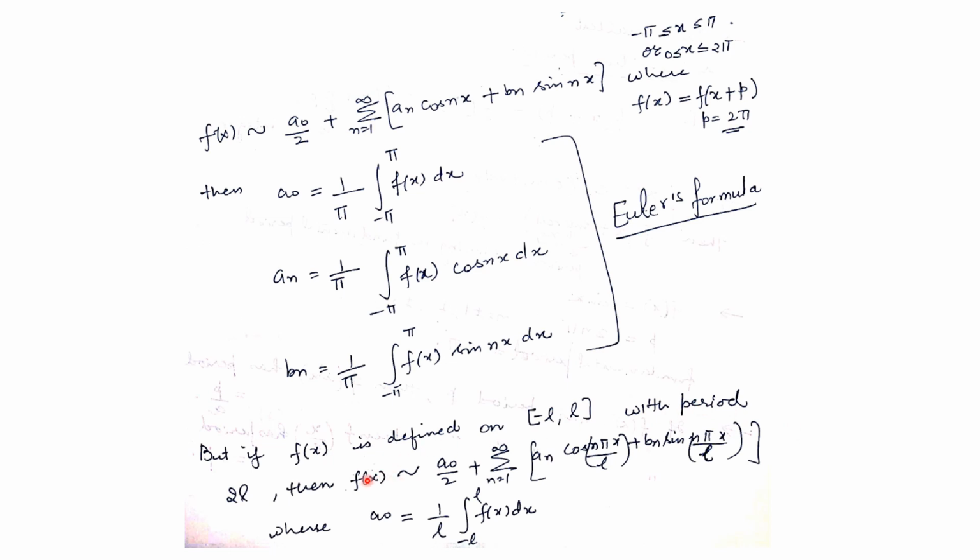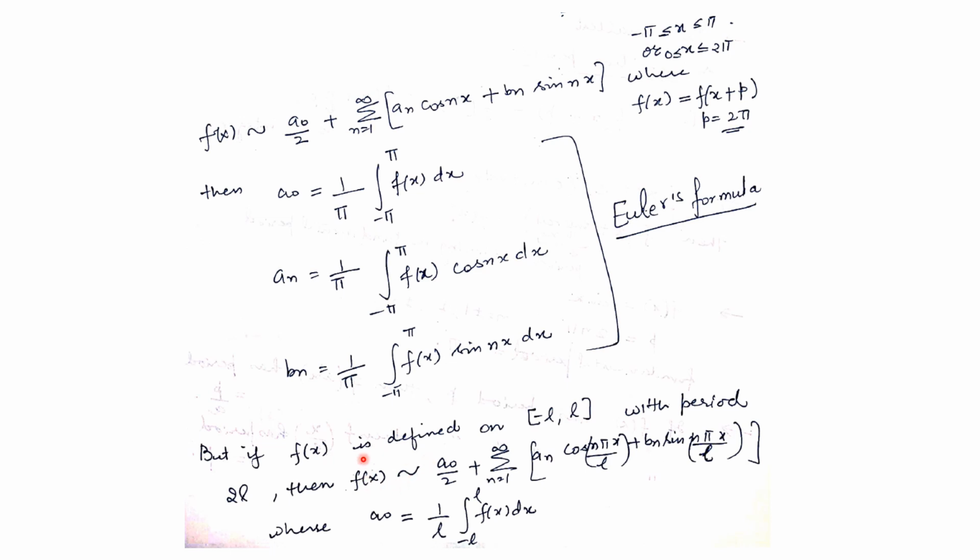And why have I used the symbol equivalent over here? Because on the left hand side we have a function and on the right hand side we have a series. The series does not always converge to the same function f(x), so that's why we have used the symbol of equivalence over here.